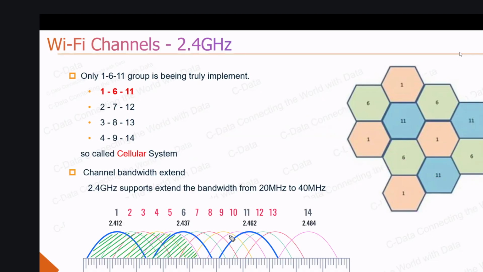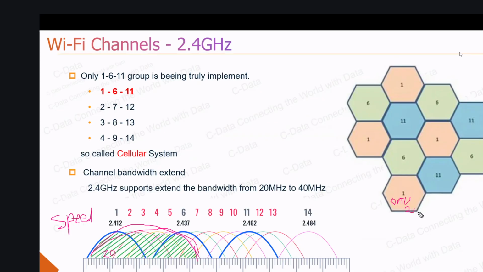So sometimes we set 20 megahertz bandwidth and the internet speed is slow. So we can expand this frequency from 20 to 40, that means from here to here. So in this case, if we affect channel 6, for example, one ONU is from here.